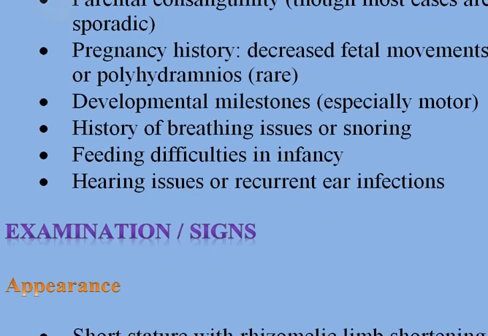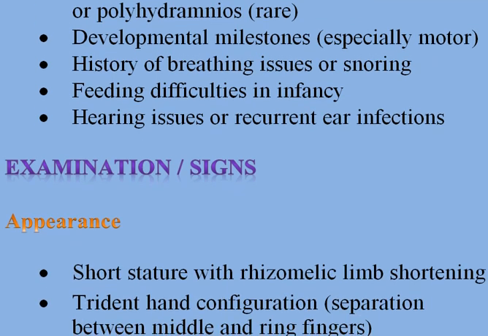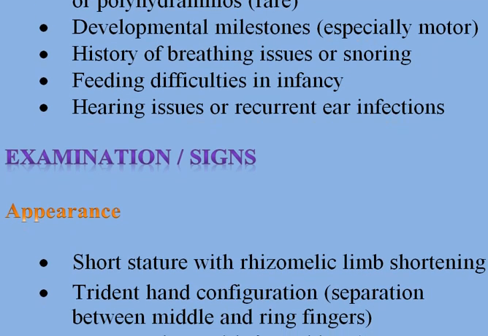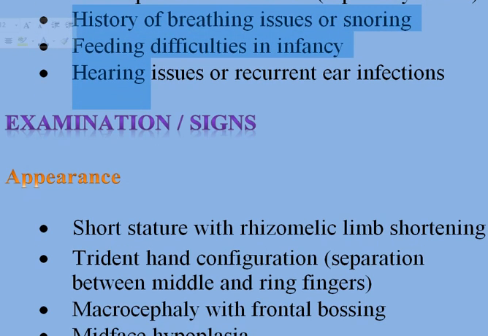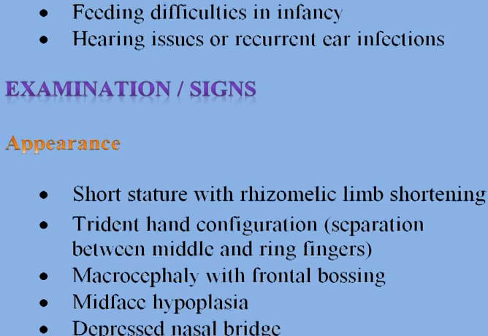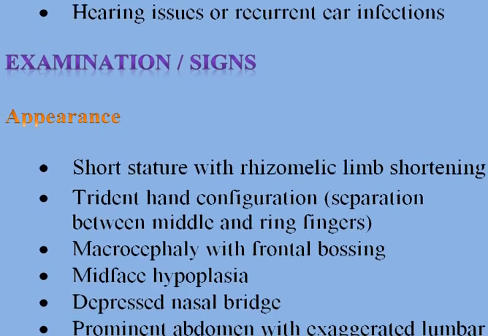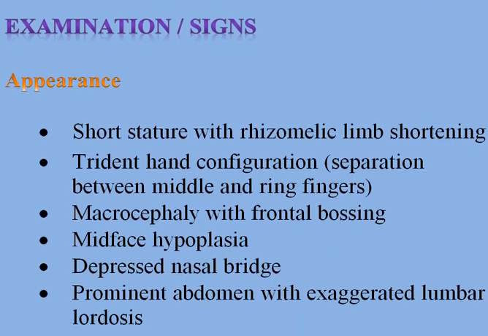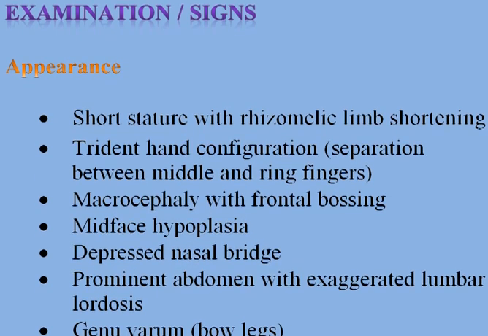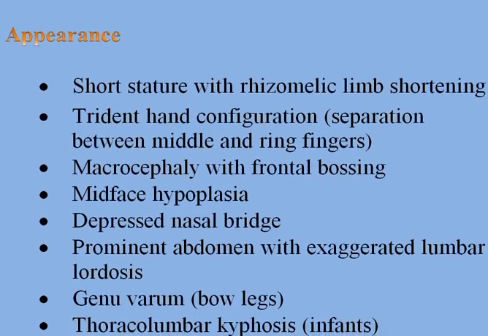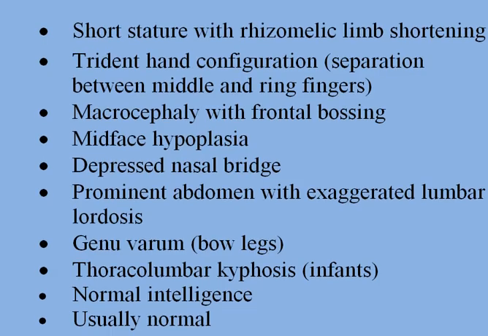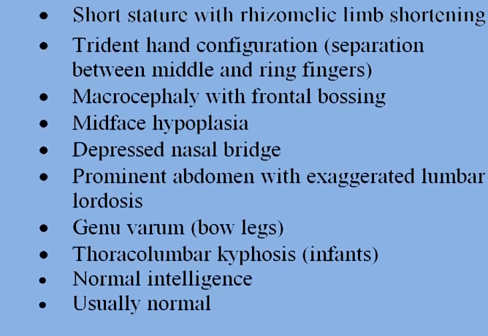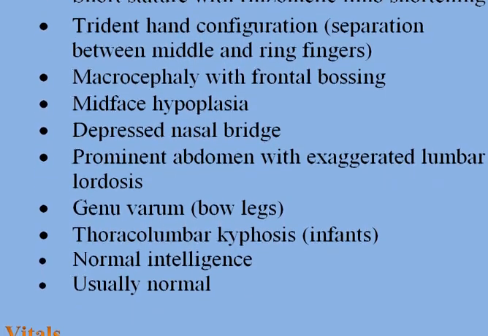So, examination or signs, the child may appear with a short stature with rhizomelic, short limbs. There will be trident hand configuration, separation between the middle and ring fingers, macrocephaly with frontal bossing, mid-face hypoplasia, depressed nasal bridge, prominent abdomen with exaggerated lumbar lordosis, genu varum, that are the bow legs, thoracolumbar kyphosis in infants.